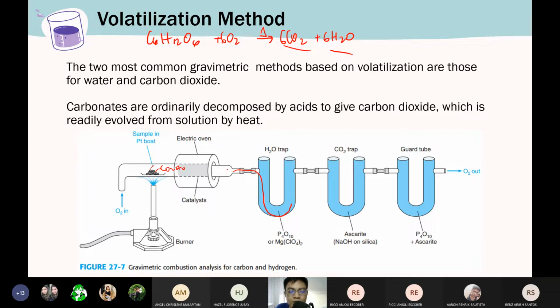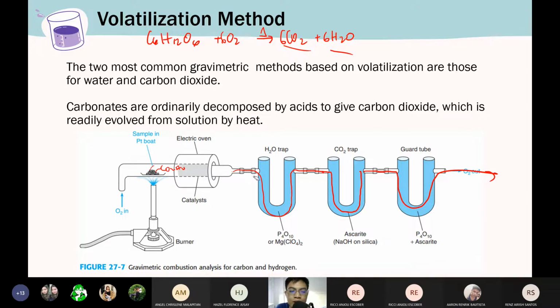And then the other molecules, such as the CO2, that will be evolved in the process, will pass through another filter containing ascarite, okay, which is the sodium hydroxide in silica. And then as it passes through here, matatrap yung CO2. Okay? And then whatever is remained, lalabas na lang. Okay? So, ganun. So, basically, the combustion products will pass through two filters.